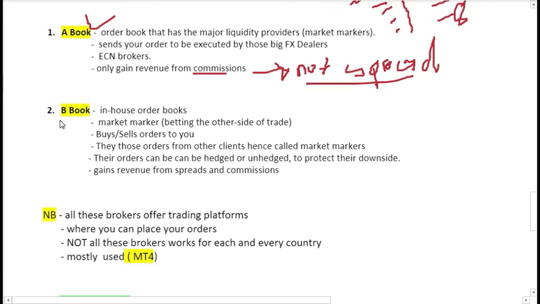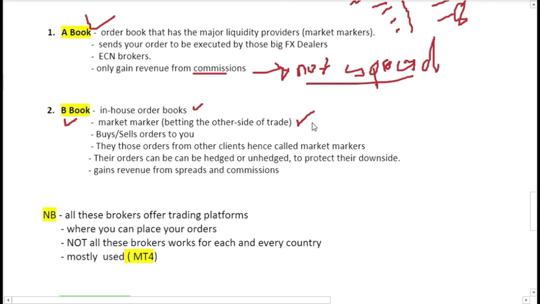What about the B book broker? An example of it is IC Markets, right? B book brokers handle in-house orders. These are what I call market makers, brokers that are betting against you.